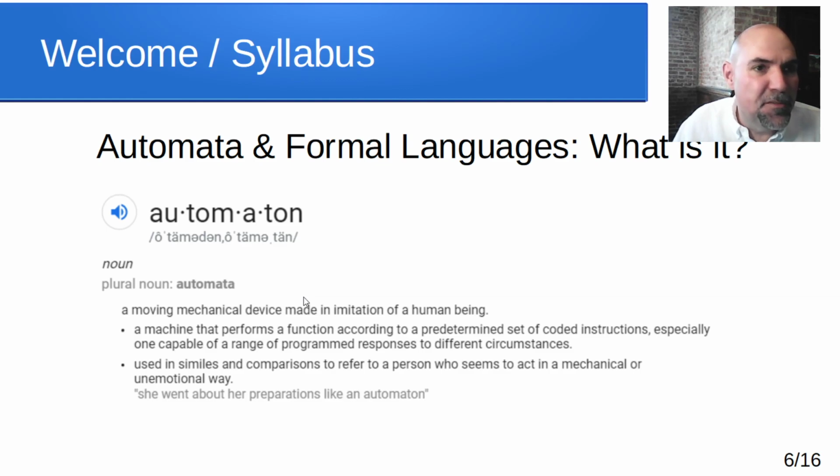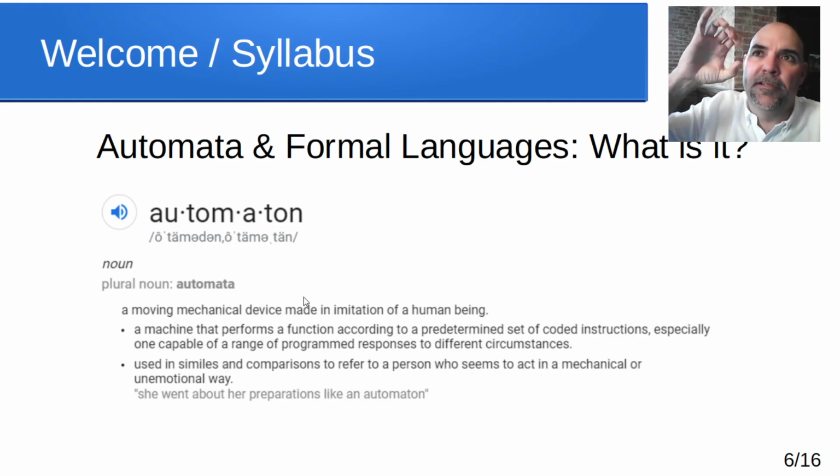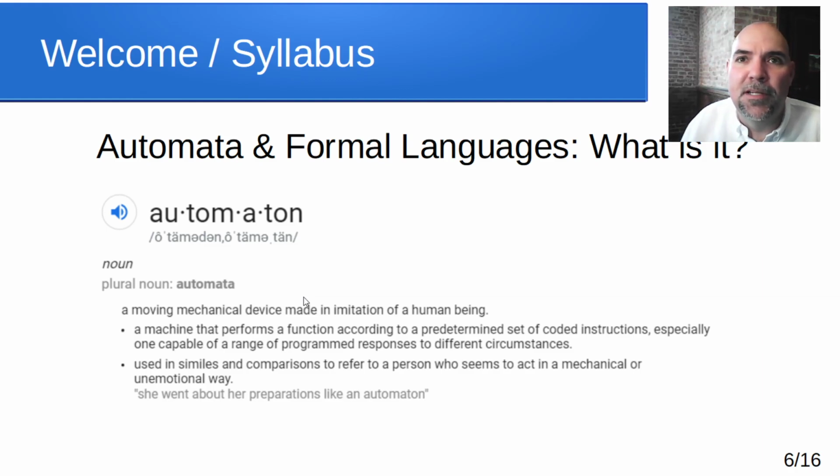Famous examples of automatons are those clocks with the little figures that come out, raise a trumpet to their mouth, and dance around in a circle. And if you've ever been on something like Disney World's Small World ride, those things are automatons. They do a sequence of things that are predetermined.